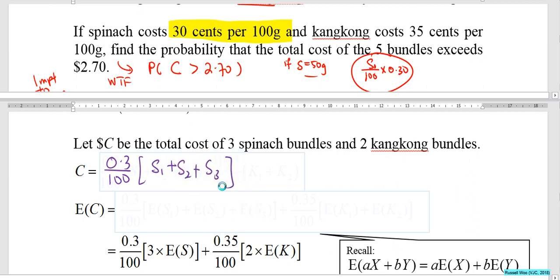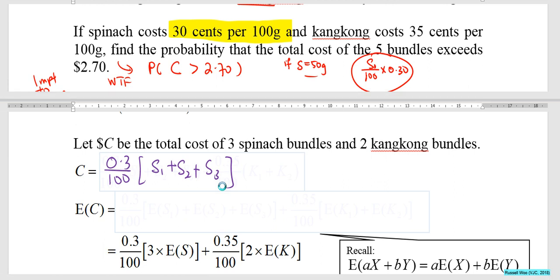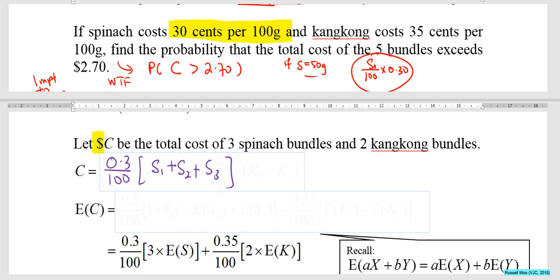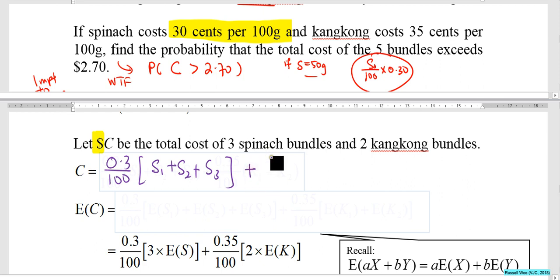This is the total cost of 3 spinaches, in dollars, of course, plus 0.35 over 100 because it costs 35 cents for kangkong, times K1 plus K2.